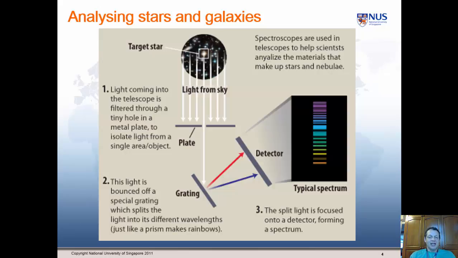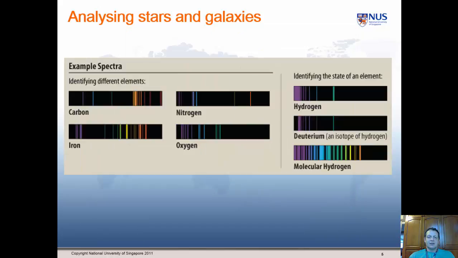Effectively, we're using light from a particular galaxy or star, and we're analysing it spectroscopically. The little spectrum on the right, that's the type of result you get from these analyses, and each of those spectra is characteristic, and hence we can establish what elements and in what form they are in these distant systems. Okay, so that's really just where you might have heard of it before.